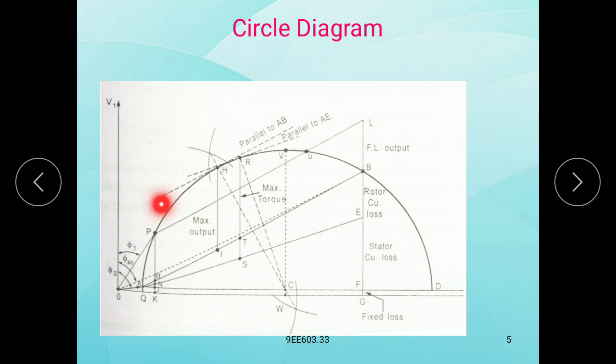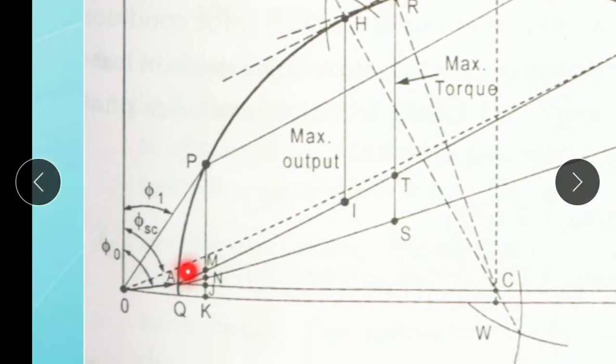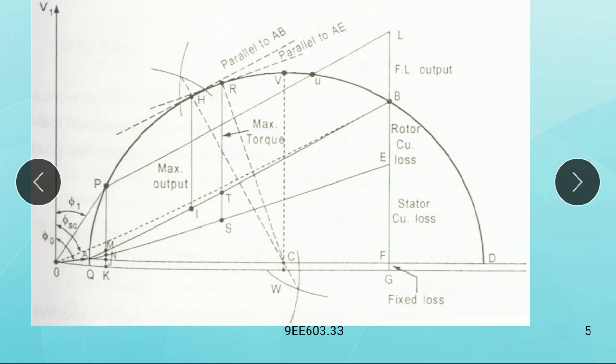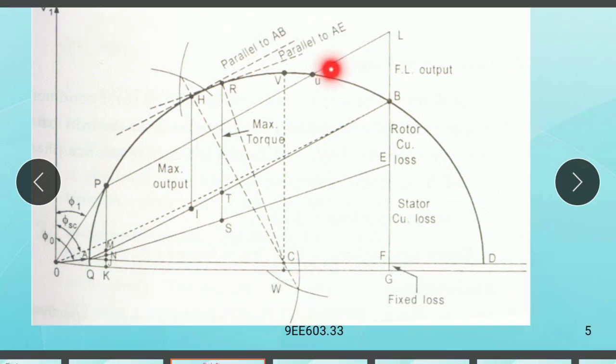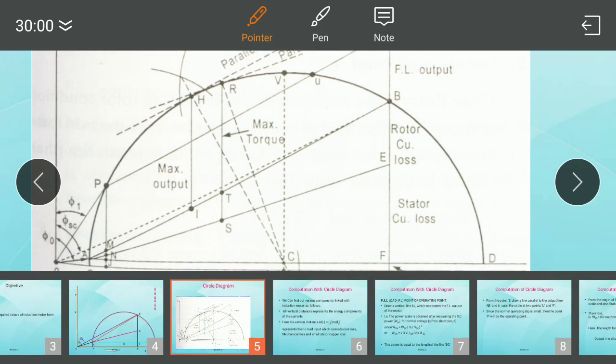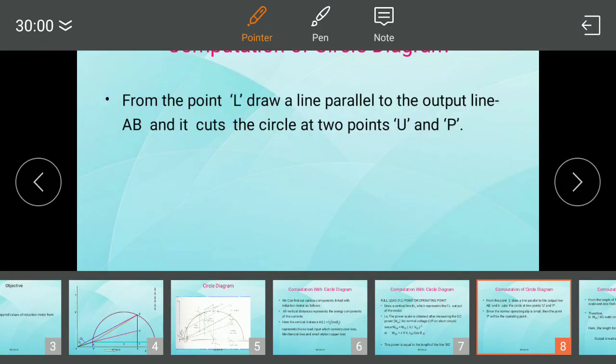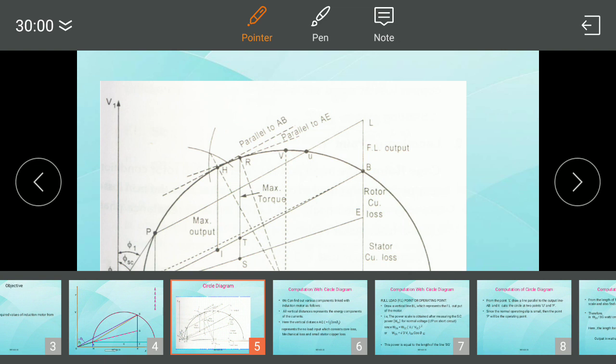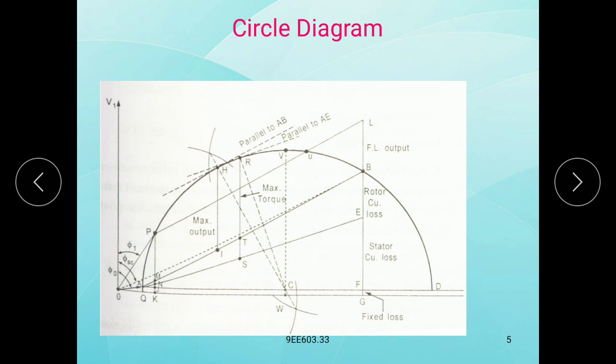A to B is the parallel line, and this cuts the circle at points P and U.